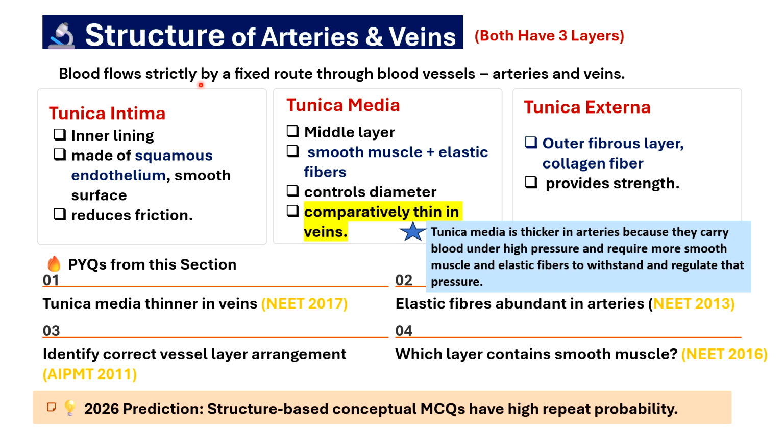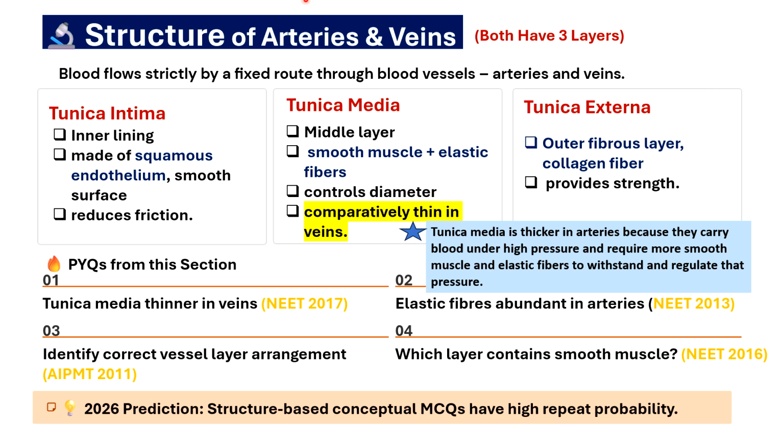If you consider human beings, they have a closed type of circulatory system. That is, the blood is present and passes through a fixed route, that is the blood vessels. Clear? Now these blood vessels can be arteries, which carry pure or oxygenated blood, or veins which carry the impure or the deoxygenated blood.